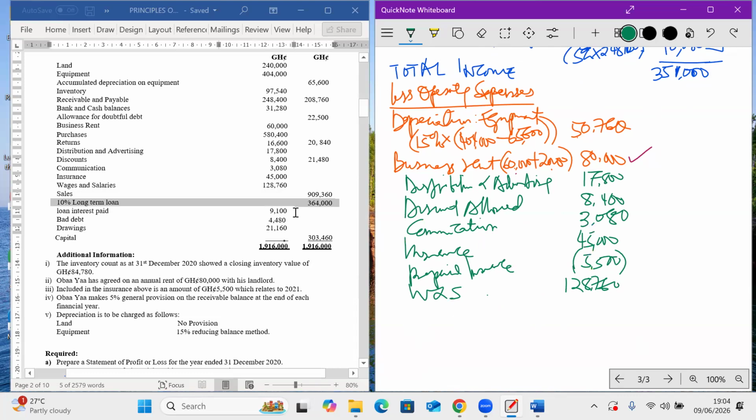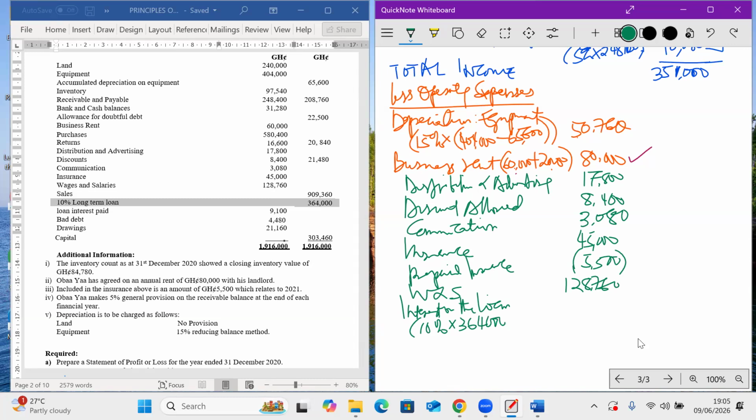Loan interest paid, you don't touch it. We will deal with it when we get to the current liability. But we cannot touch the long-term loan because it's a liability. However, we can compute the interest on the loan, which is 10% of the 364,000.